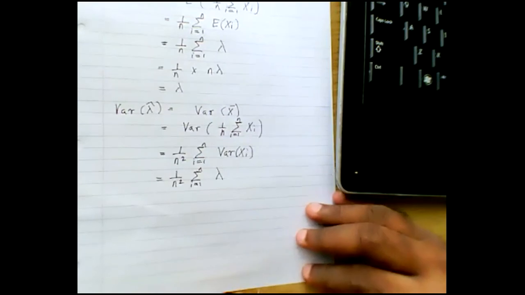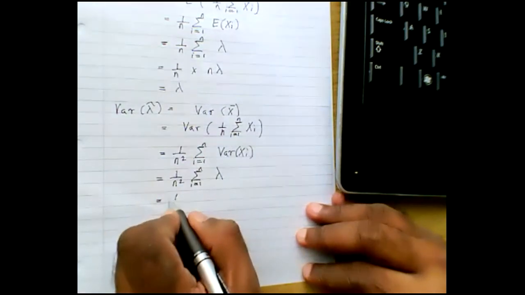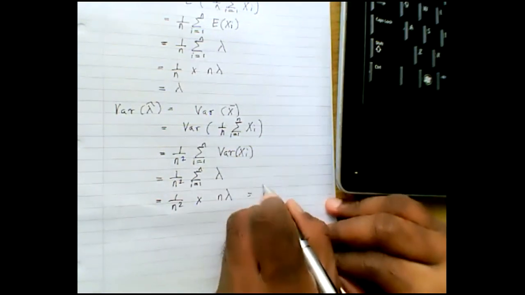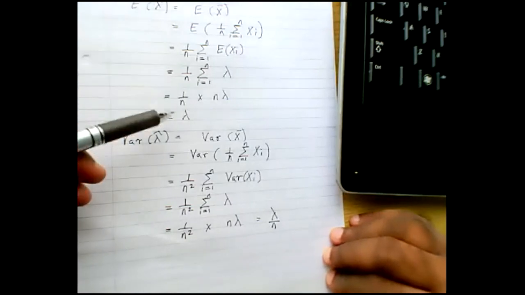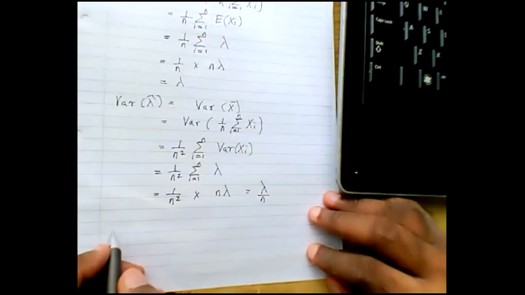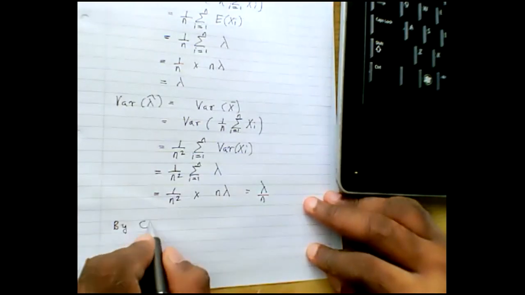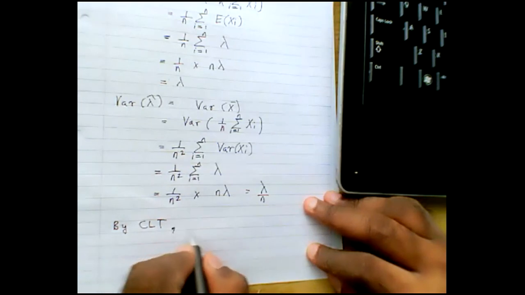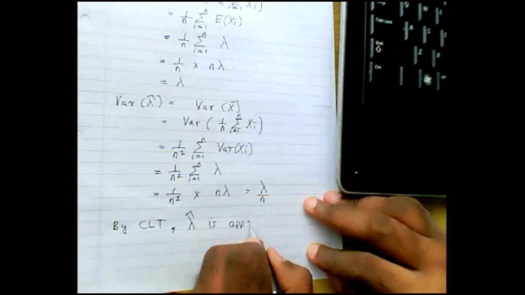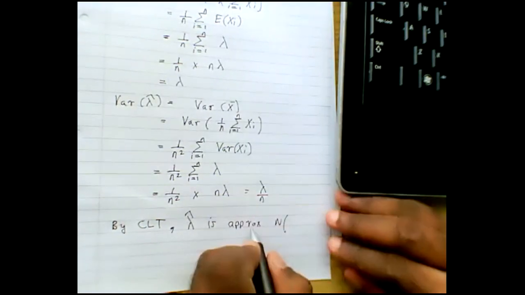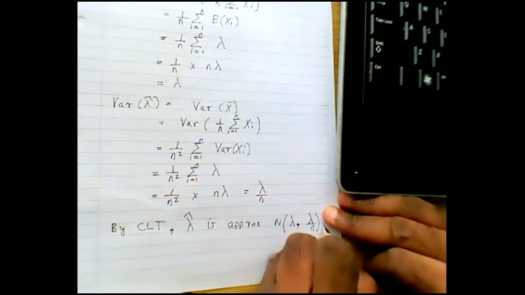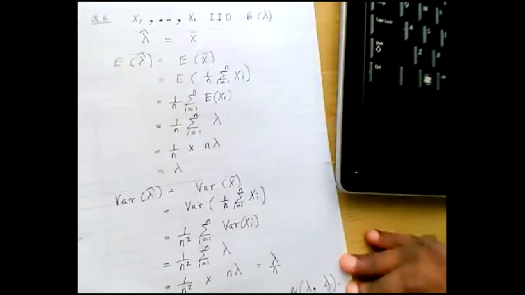The sum of lambda from i from 1 to n is n lambda, so this is lambda over n. So this is the mean of lambda hat, and this is the variance of lambda hat. By the central limit theorem, you can argue that lambda hat is approximately normal with mean lambda and variance lambda over n. So this is part 1 of question 6.